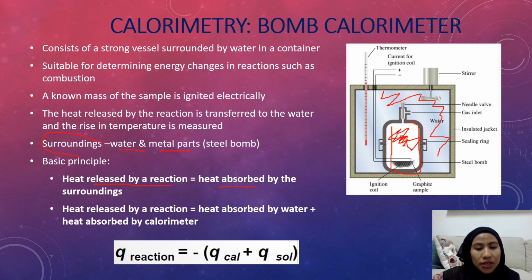So the formula is: heat released by a reaction equals heat absorbed by water plus heat absorbed by the calorimeter, which are referred to as the surroundings. So Q of the reaction equals negative Q of the calorimeter, which is the steel bomb, plus Q of the solution, which is the water.